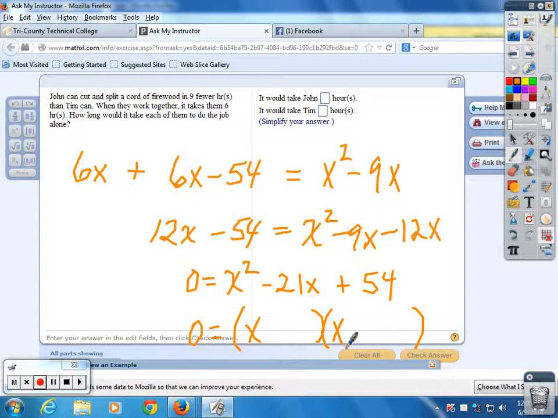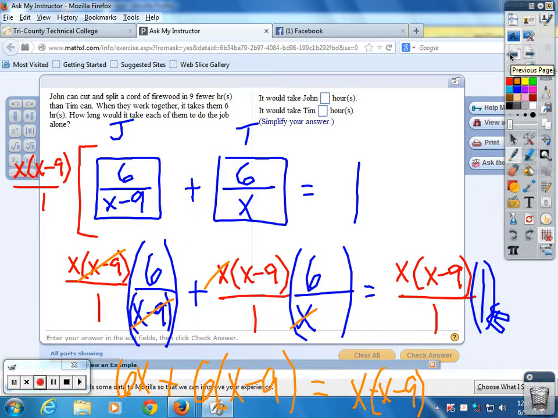Is there another multiple of 54? 6 times 9? We must have something wrong. We got to back up. Let's look and see if we got it set up right. X minus 9, x be 6. Multiply through by x times x minus 9.